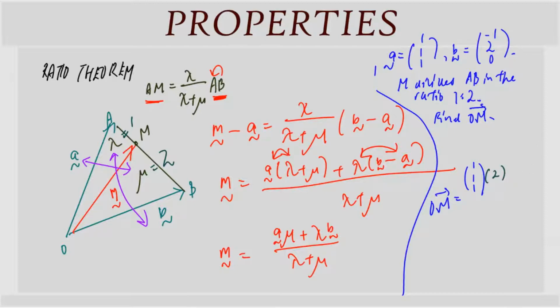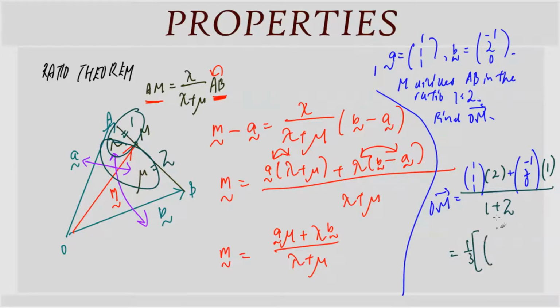And we're going to add lambda b. So b is equal to (-1, 2, 0), and we have lambda is equal to 1, so multiply by 1. Whole thing over lambda plus mu, so that's 1 plus 2. And that's equal to 1/3 of, what do we have?